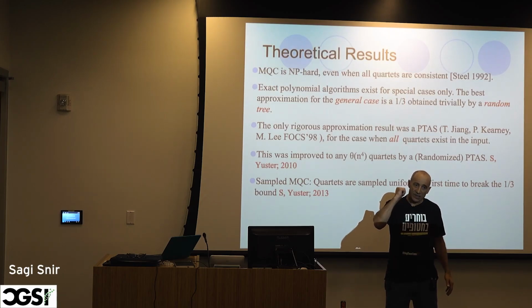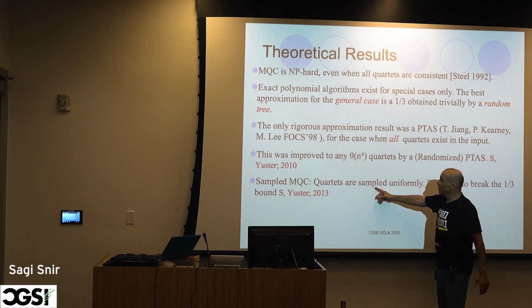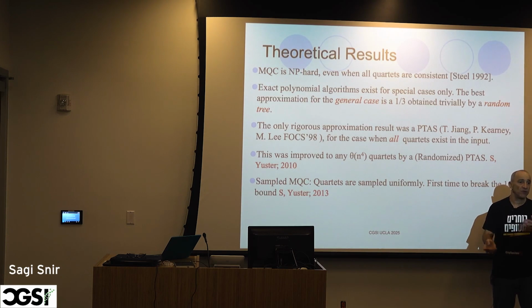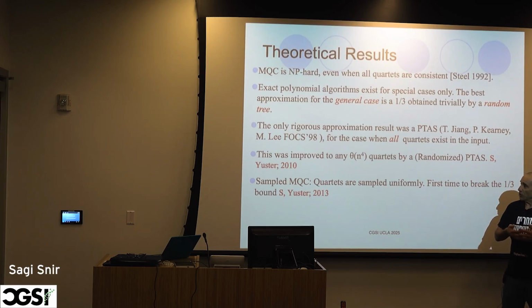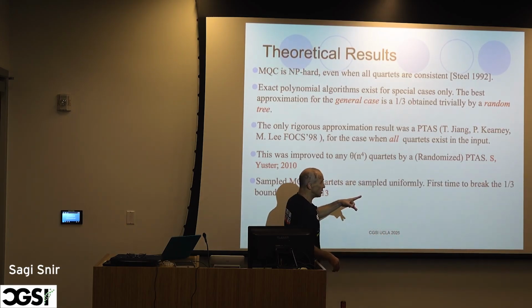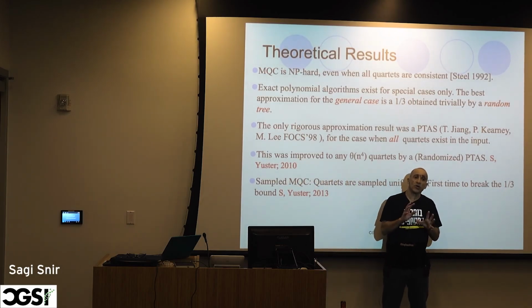Based on that distribution, we can use the power of randomness. Here we assume all the quartets are sampled uniformly. That uniformity and the number of quartets give us a lot of power, the power of randomness, and we could break that third.